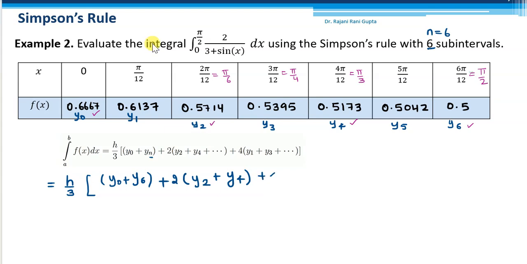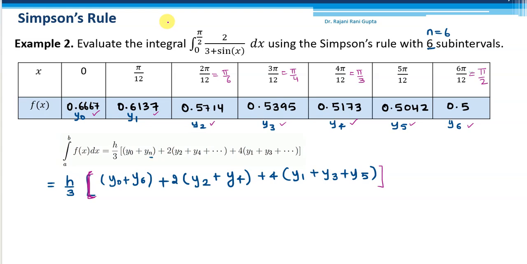Plus 4 times odd points, y1, y3, and y5, 1, 3, 5. And then we stop and close the bracket. Again, first simplify this bracket and then multiply by h over 3.